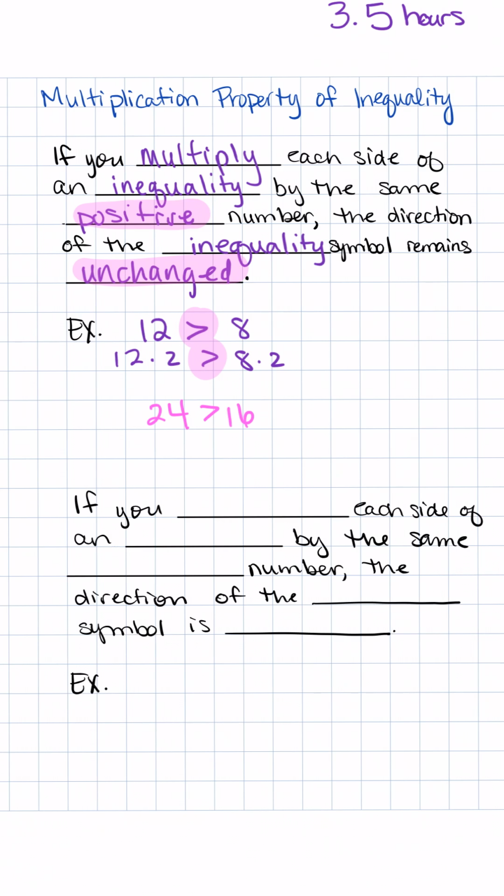Okay? So if you multiply each side of an inequality by the same negative number, the direction of the inequality symbol is reversed.